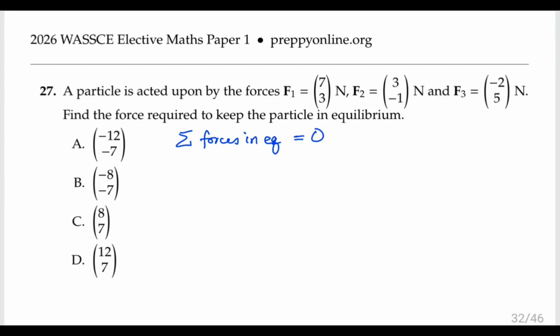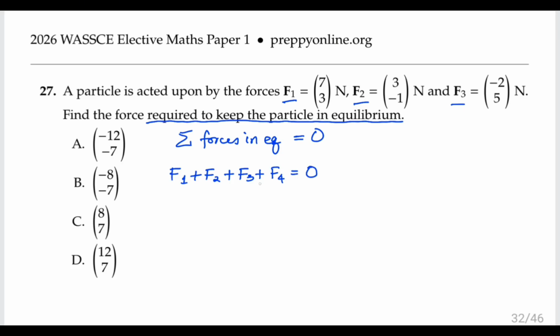is 0. So if we are being asked to find a force, let's call that force F4. We are calling it F4 because we have F1, F2, and F3. So if some force F4 is the force required to keep the particle in equilibrium, then F1 plus F2 plus F3 plus F4 is 0.